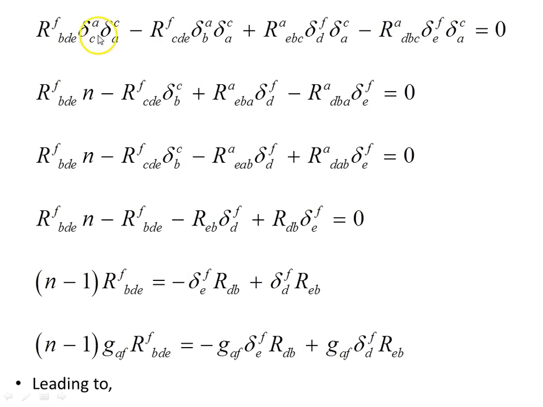Well, if you have a look here, notice that this is reciprocal to this, and this, if you like, is the inverse to this, and this gives us the A and A contract, or C and C contract, and you're left with just Kronecker delta AA or Kronecker delta CC, and when you sum that across the n dimensions, you get the dimension of the space, n, so this just gives us n.